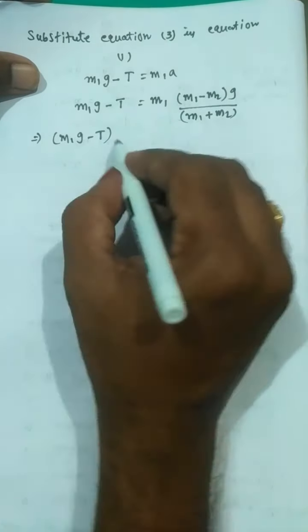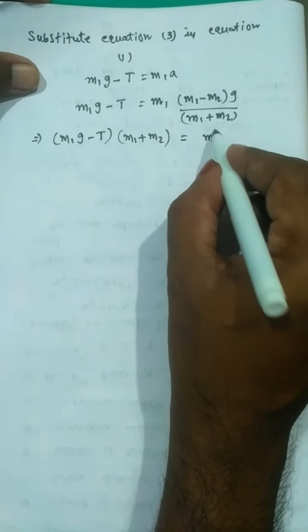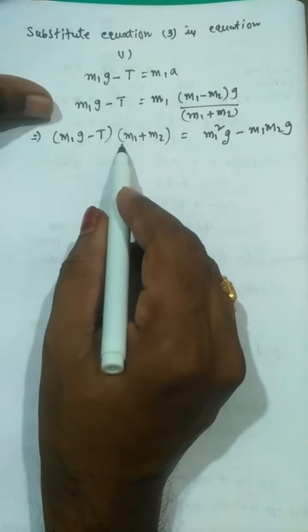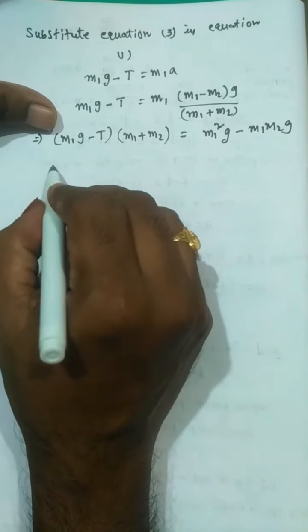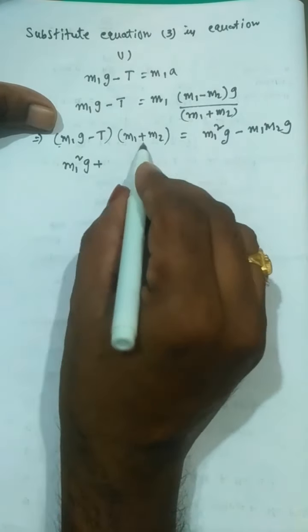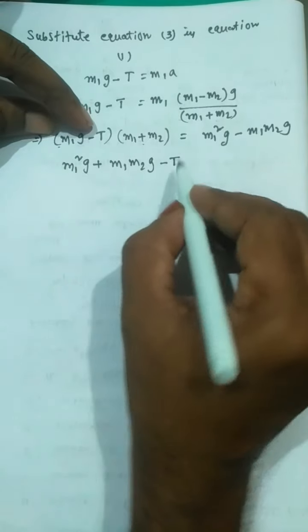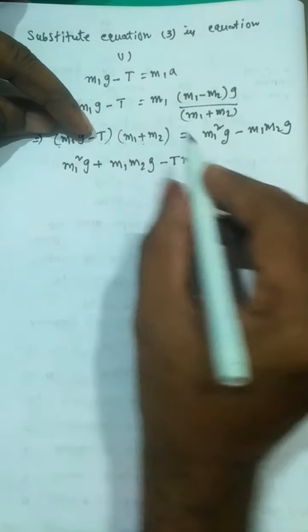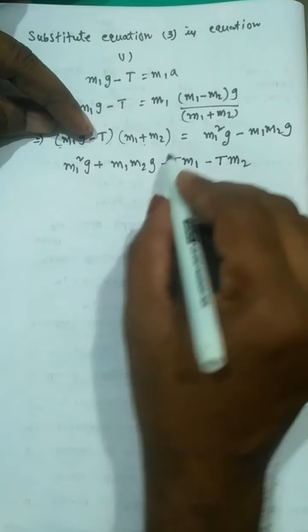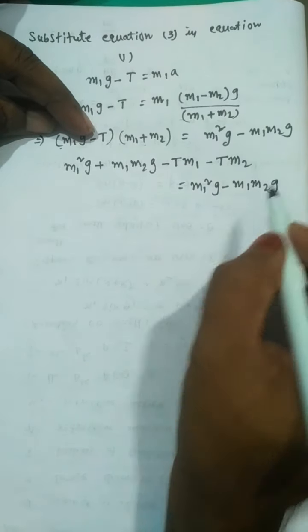The term that is dividing on this side will multiply on the other side. Multiplying, we get m1 square g plus m1 m2 g minus T m1 minus T m2, which equals m1 square g minus m1 m2 g.